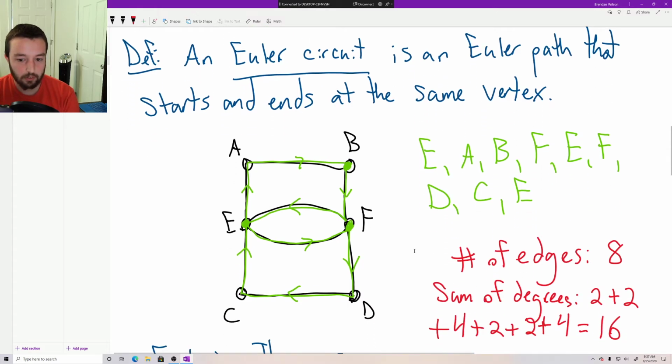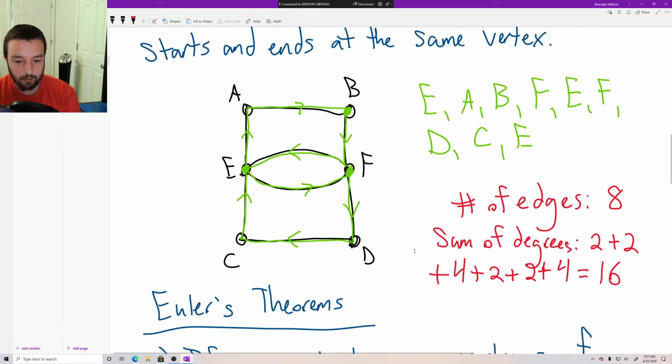Loops would throw it off a little bit. I think I might have said before that loops count as 1 for the degree. So I'm not sure how that fits in here. It could be possible that we're counting loops as 2, but I don't think the loops will really come up anyway.